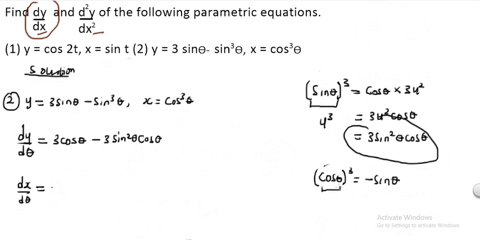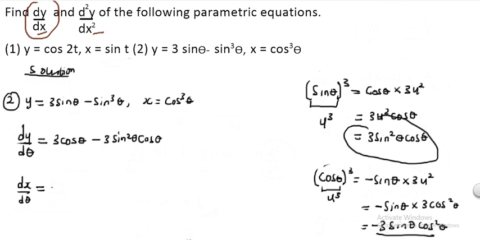Let's say what's inside the bracket is u, so that becomes u cubed, and it becomes times 3u squared. So this is minus sin theta times 3 cos² theta. You can just write it as equal to minus 3 sin theta cos² theta. So we use this and plug it back into here.